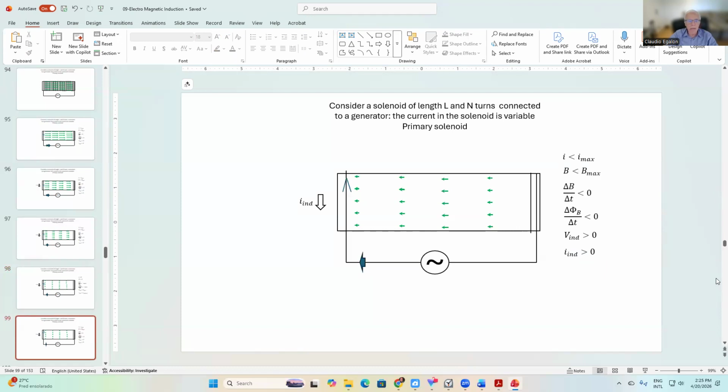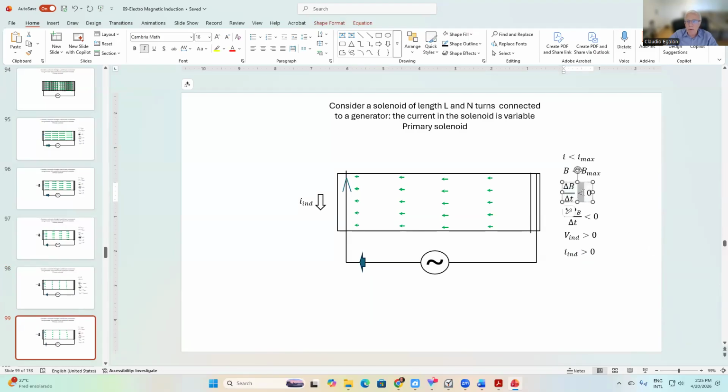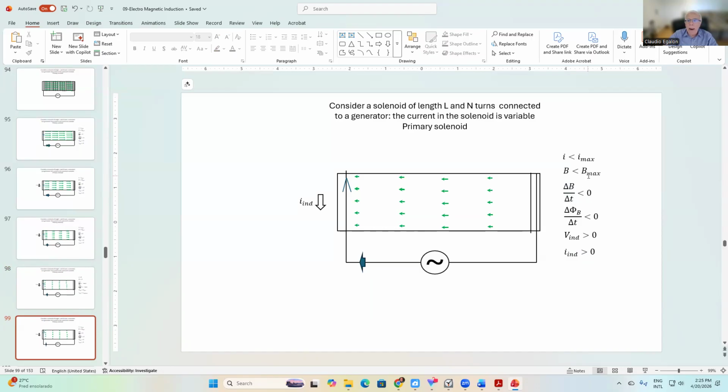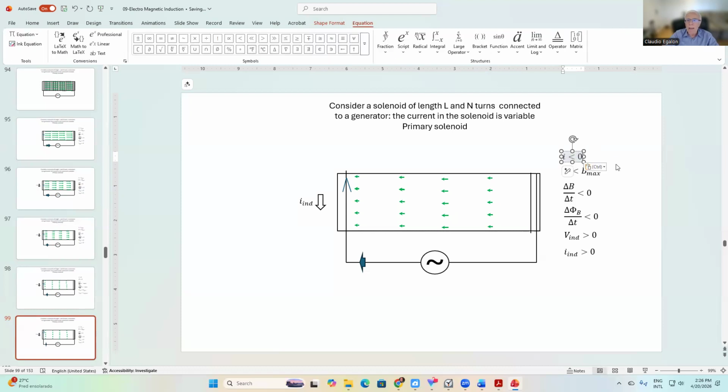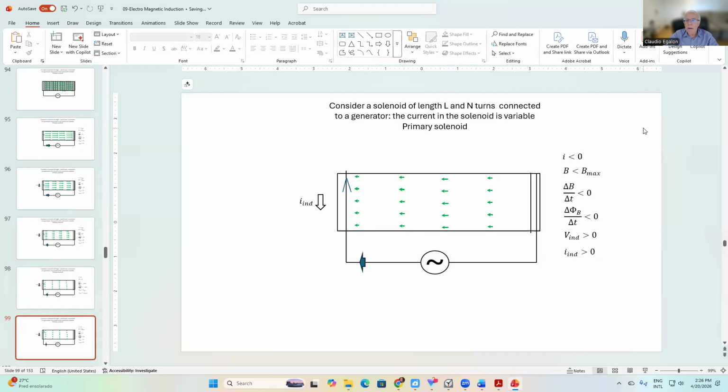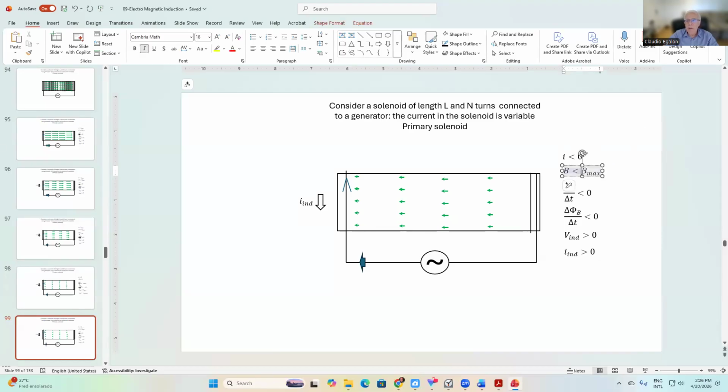And then it switches direction. Now, delta B is not decreasing. Let's put I less than zero. I less than zero means that it changes direction.